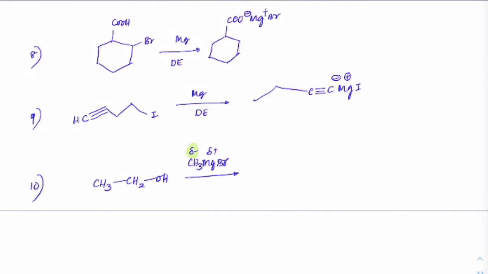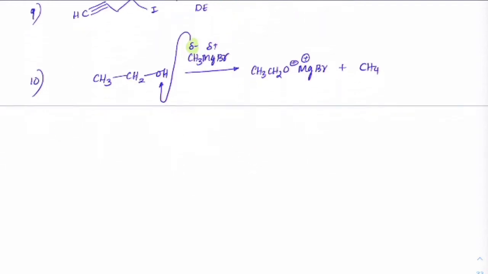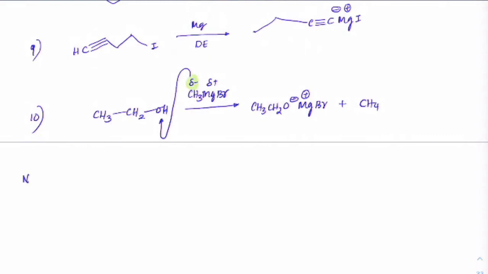So CH3 minus will instantly attack the proton and take it away, and you will get CH3CH2O minus, MgBr plus, and CH4. So alkane is formed whenever we have a protic hydrogen present in front of a Grignard reagent. So we'll put it as a note here.